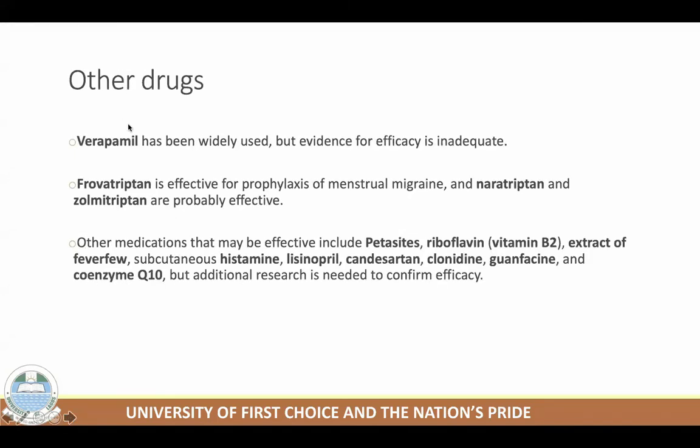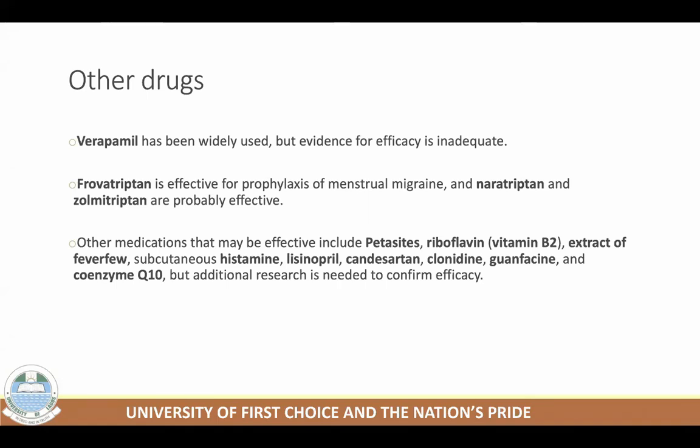Other drugs that can also be used for prophylaxis include verapamil, used widely, but evidence is scarce. Among the triptans, frovatriptan is effective for prophylaxis of menstrual migraine. Naratriptan and zolmitriptan are not as effective as frovatriptan.